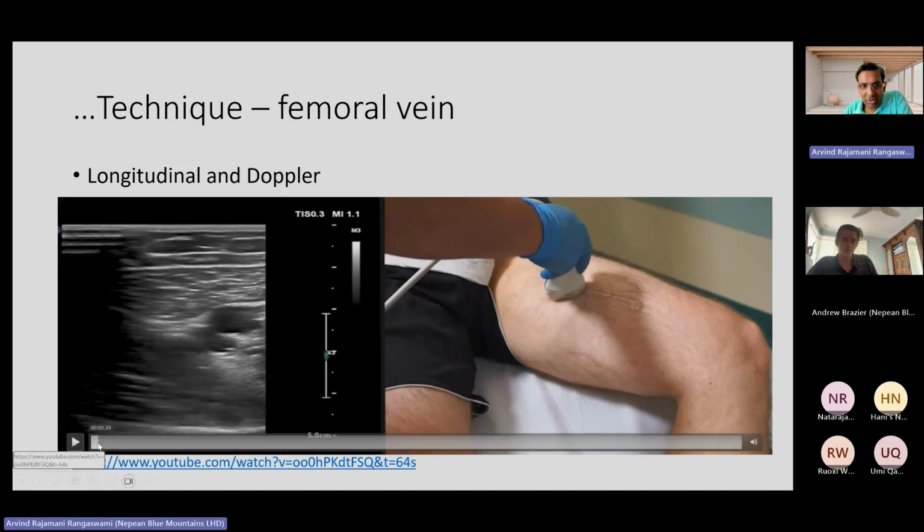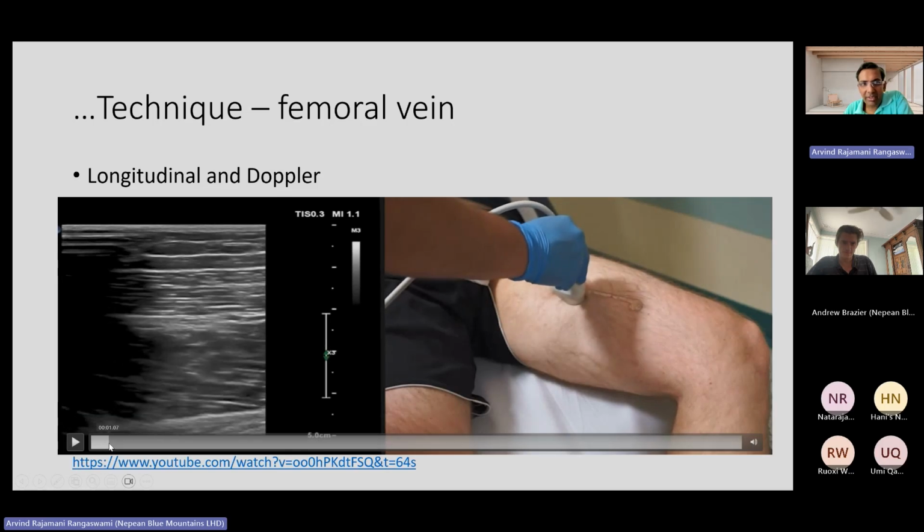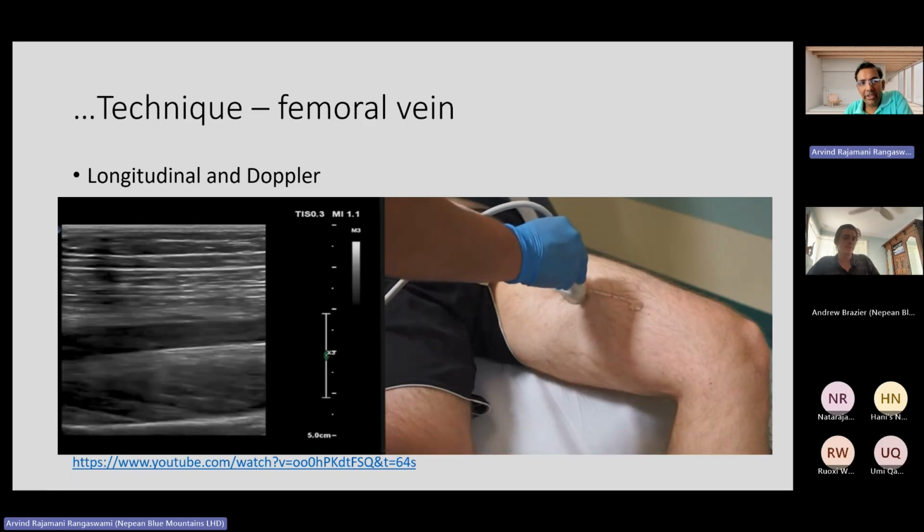And as you are doing that, if you look at this picture here, the shape of the vein will go from circular to longitudinal. Now I still don't know whether this is the artery or the vein, because both of them are going to be longitudinal.